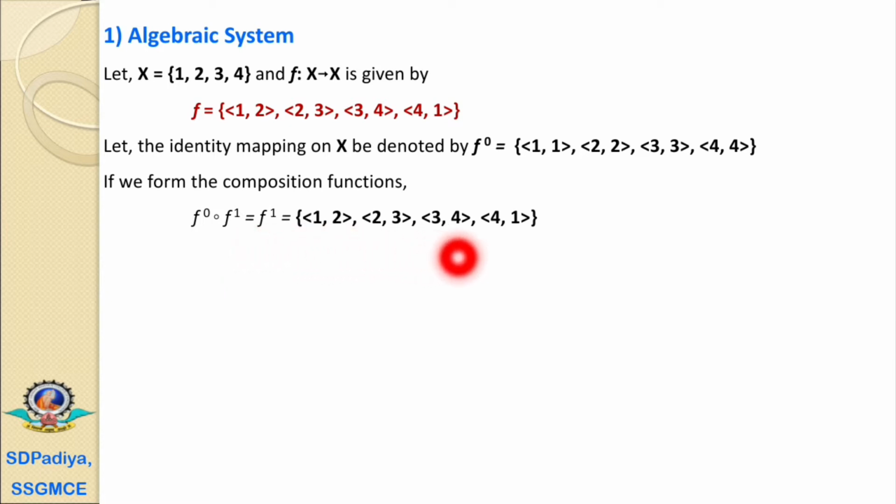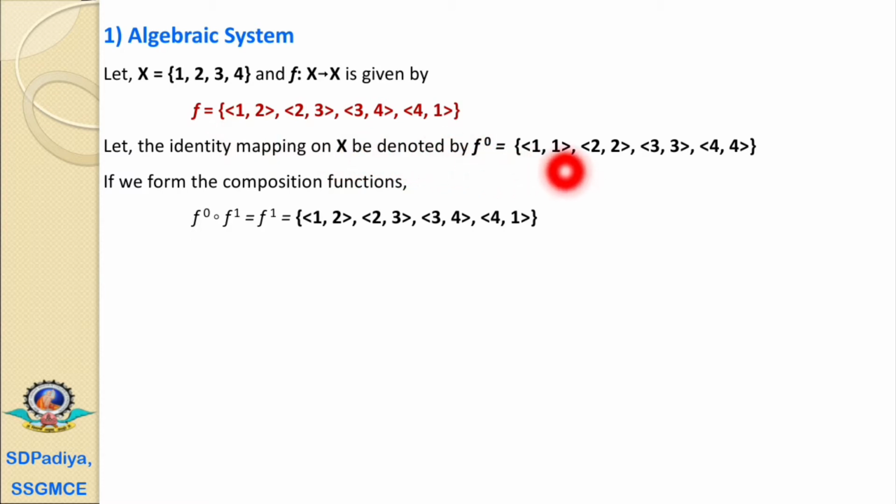We have again seen that in f raised to power 0, the first ordered pair is (1, 1); we consider it as x and y. Then in f raised to power 1, we consider the first element as y and the second element as z. The y of f raised to power 0 and the y of f raised to power 1 must be the same.